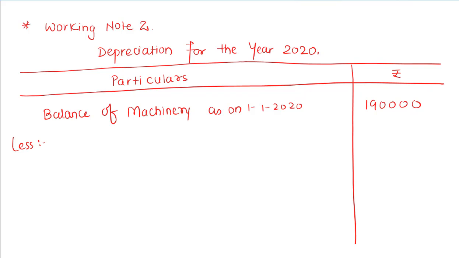Less: written down value, WDV, of machinery sold and scrapped.